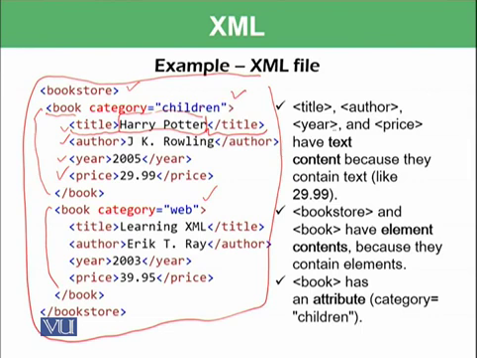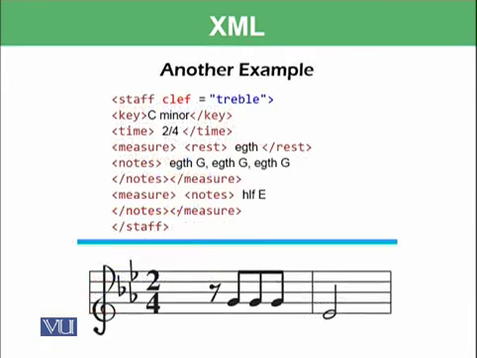And here title, author, year and price have text contents because they contain text, and bookstore and book have element contents because they contain elements, and book has an attribute as category, web and children. Here is another example. You do not need to understand this example.